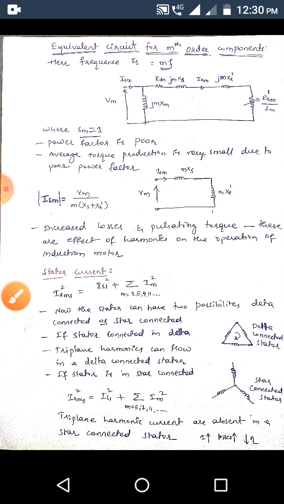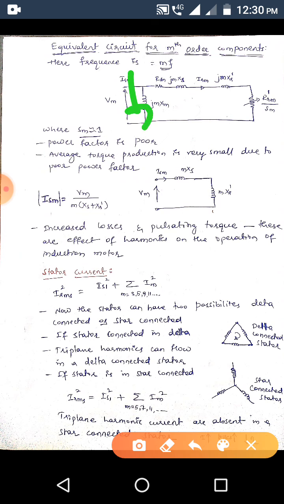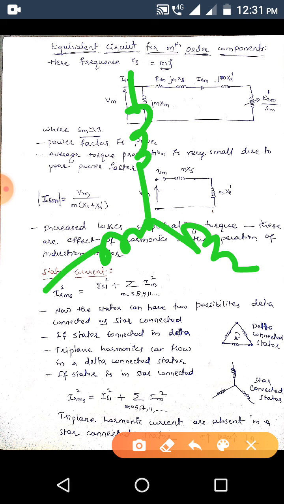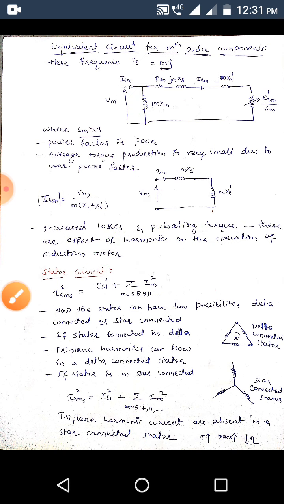Let us draw the star connected stator. In a star connected stator, the triplen harmonic currents are absent.